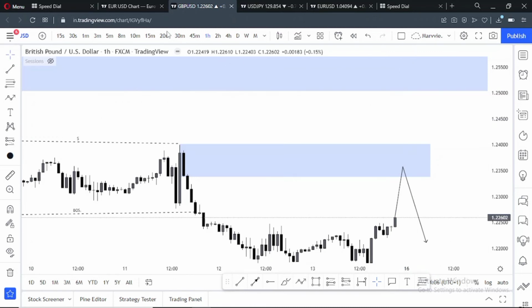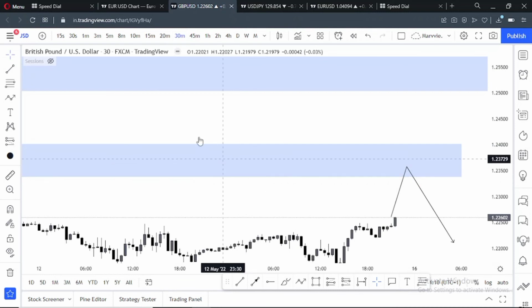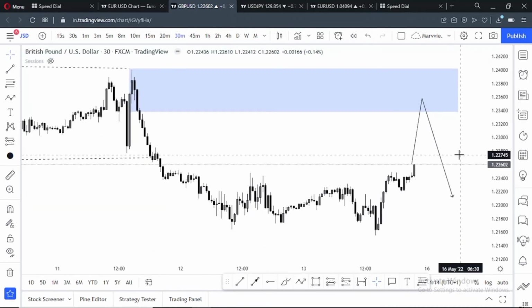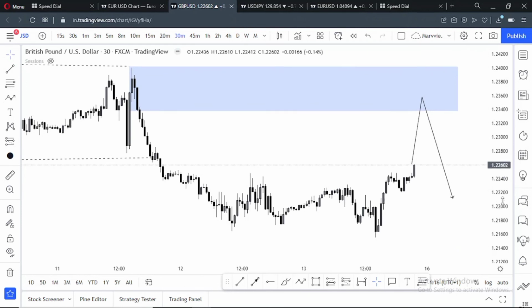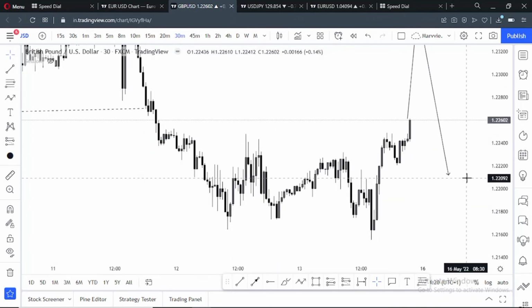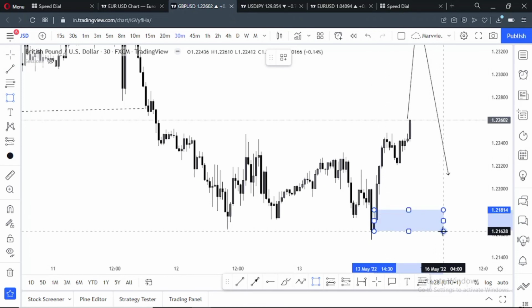Let's go to the 30 minutes to see if we can get a counter trend type of trade. So on GBPUSD, on GU, I can see the price is bullish. We have this demand zone just right here.